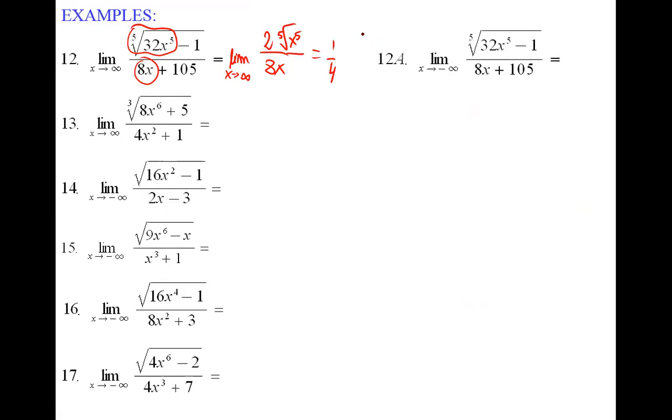Okay? Now I am asking this question as an additional one, because this one is at negative infinity. And it's the same function. What do you think? Are we gonna have negative 1/4 or will it stay positive 1/4?